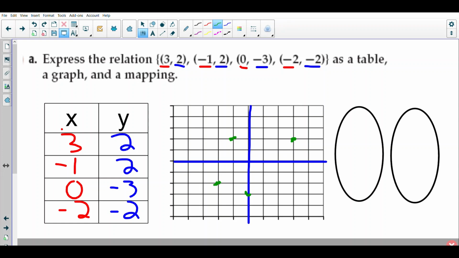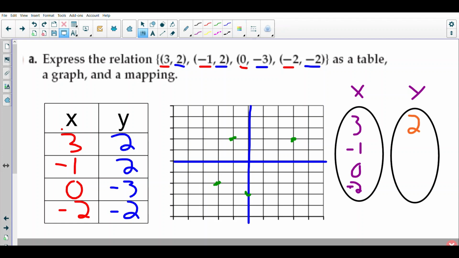And then we can put our values into the bubble. So here's your x's, here's your y's. So we have 3, -1, 0, and -2. Now if you notice in the y values, you actually have two 2's, so you only have to actually list it once.